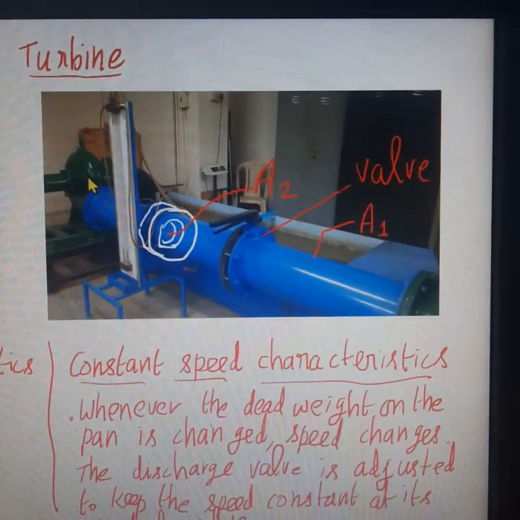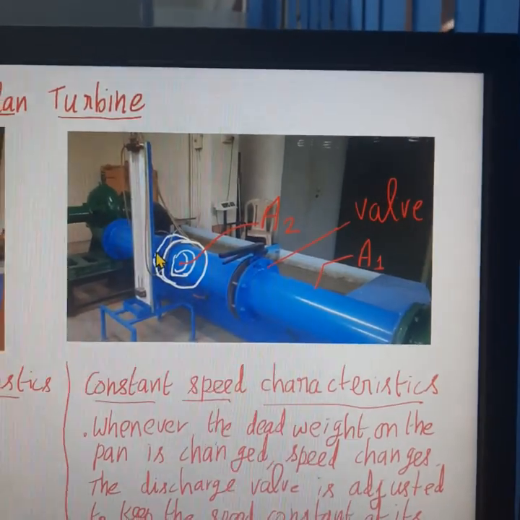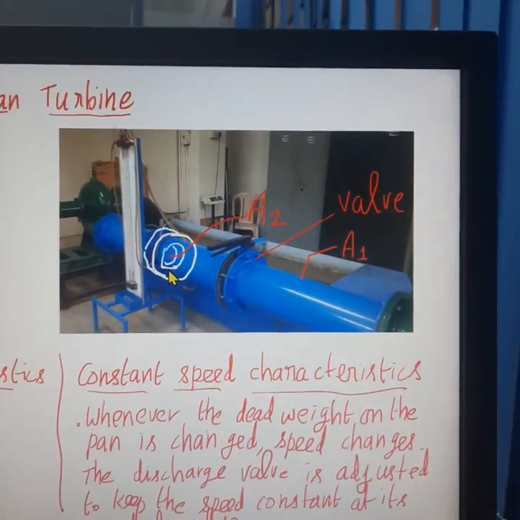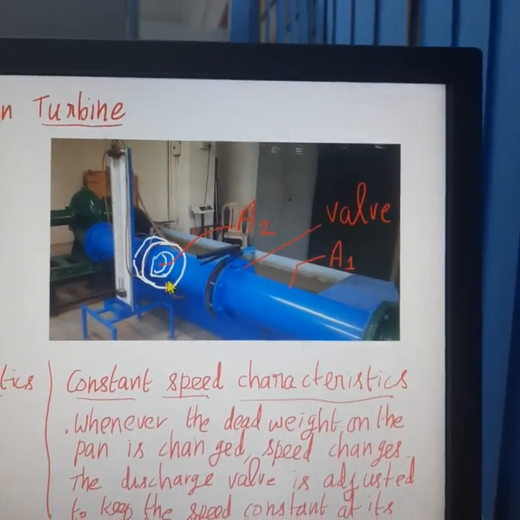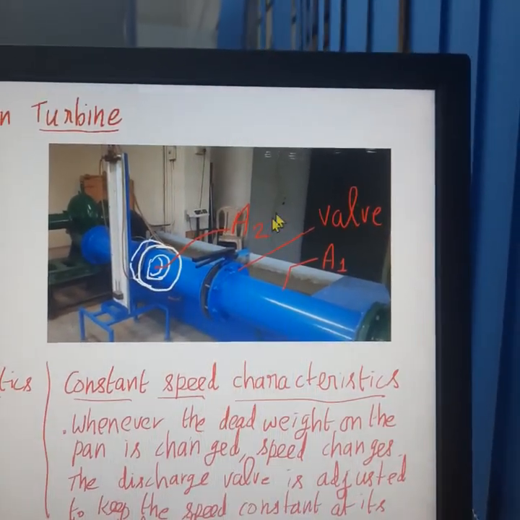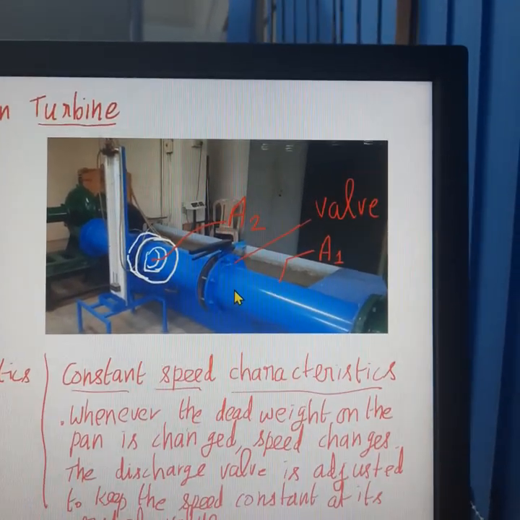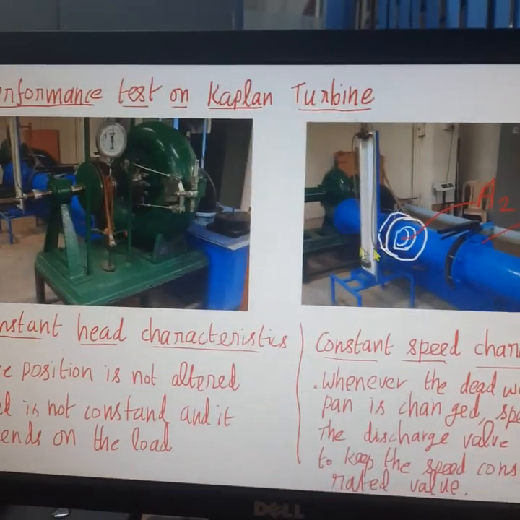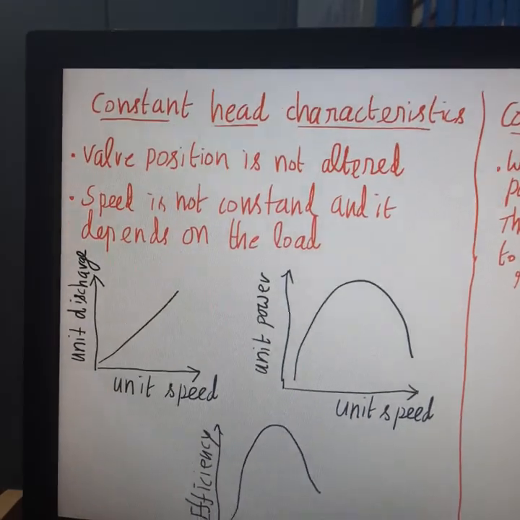So this turbine receives water through this pipeline. There is an orifice meter placed inside the pipeline to determine the discharge. The area of the opening of the orifice meter is A2, and the area of the pipeline in which the orifice meter is kept is A1.